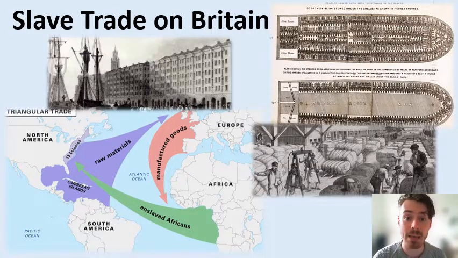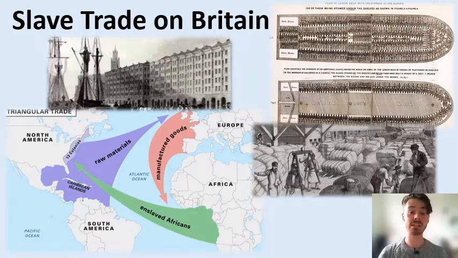This meant these cities became quite rich. If you've ever been to Liverpool, I've got a picture at the top left there, the docks in Liverpool are a really beautiful area. And it was all paid for with money earned from the slave trade. In fact, there were loads of people in Britain who technically worked in the slave trade: people who built ships, made guns, worked in banks, invested, imported goods, dock workers.